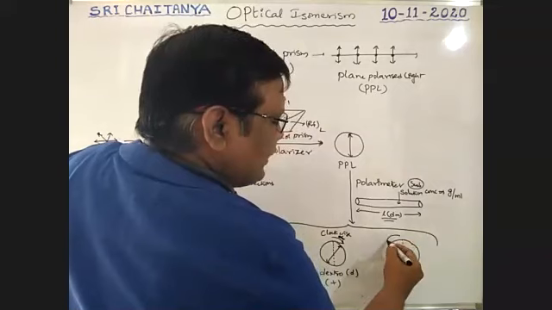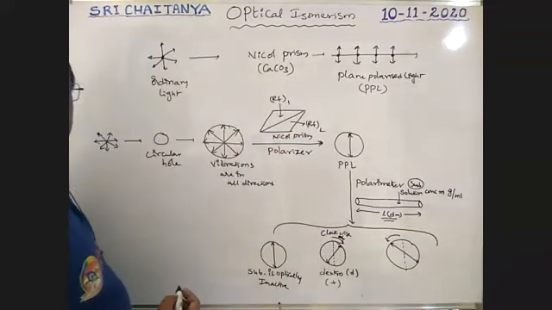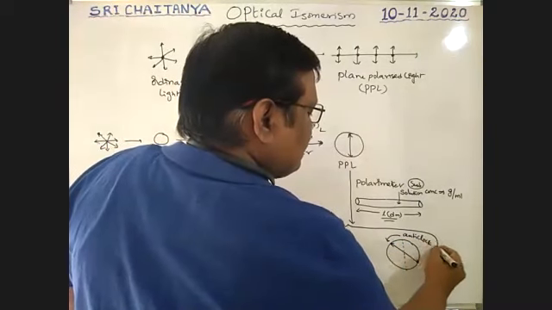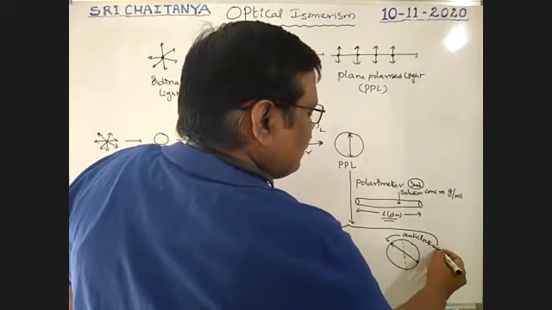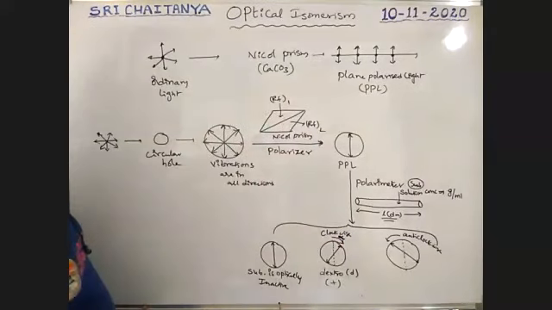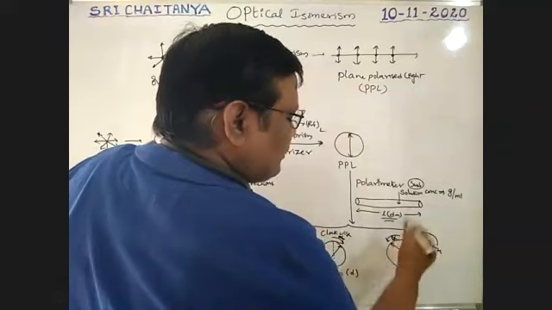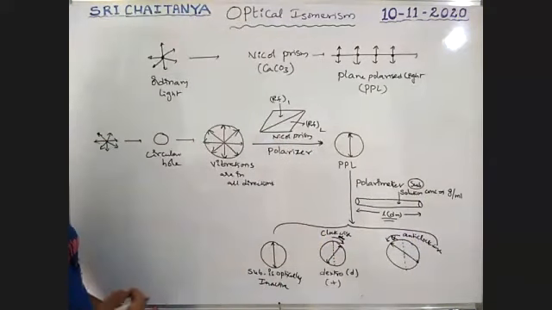That means it rotates in the anti-clockwise direction. How much rotation? It is also alpha, the observed rotation.